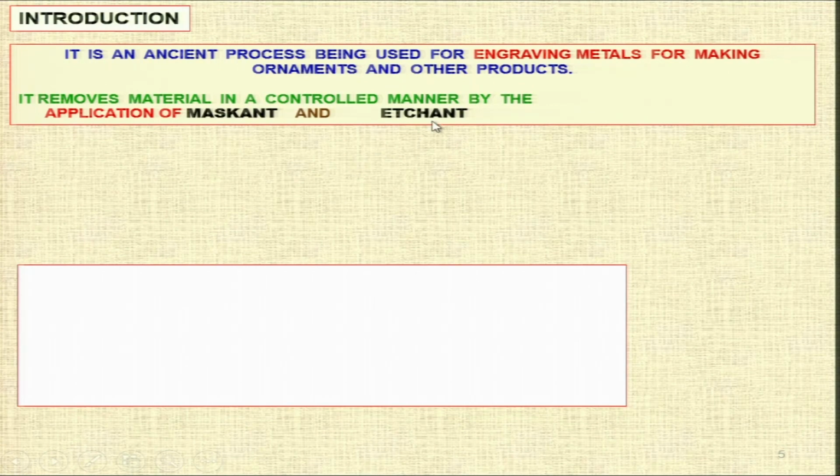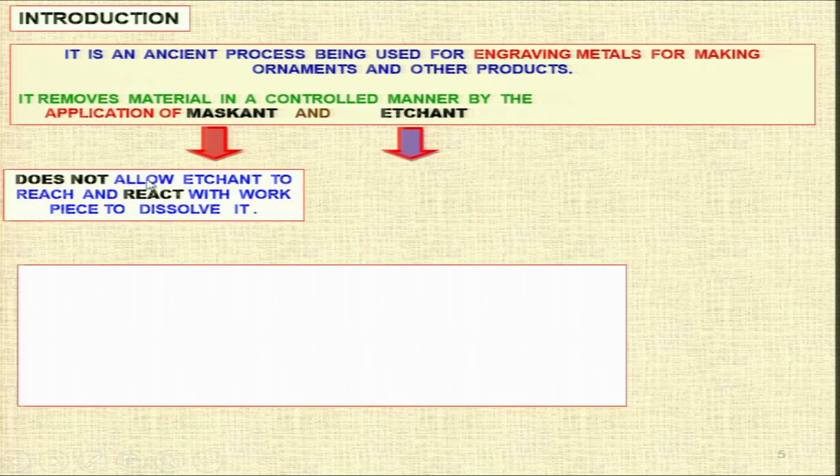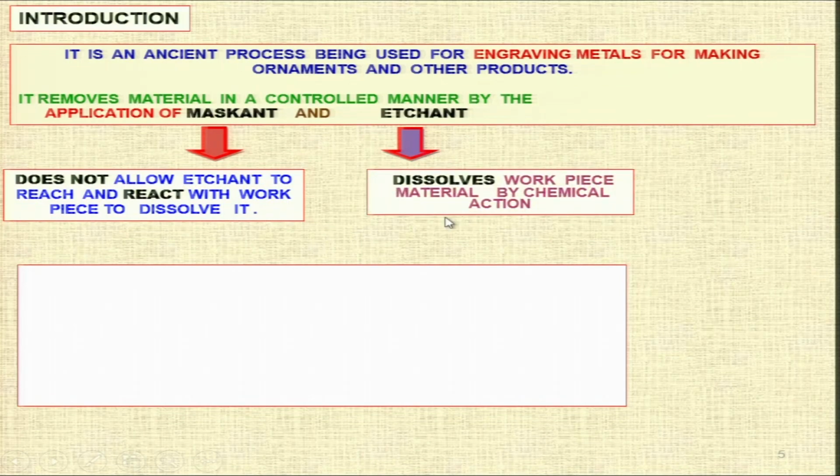Removal of the material is by etchant, and identification of the area from where material is to be removed is done with the help of the maskant. Maskant does not allow etchant to reach and react with workpiece material to dissolve it, while etchant dissolves workpiece material by chemical action.